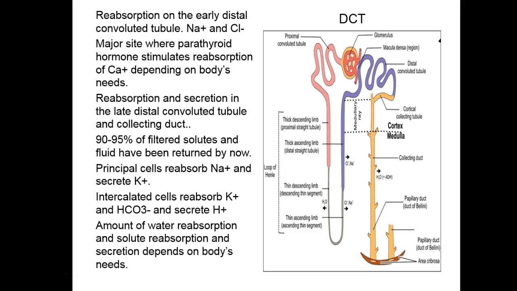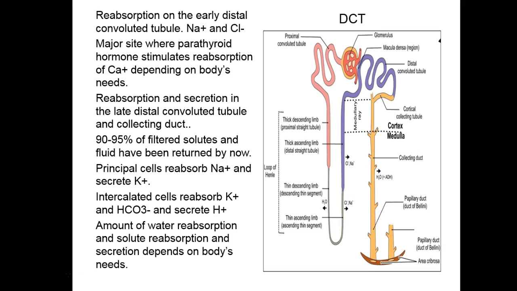A little bit more about the distal convoluted tubule. There is some reabsorption in the early distal, and that's going to be sodium and chloride. This does happen to be the major site where parathyroid hormone stimulates reabsorption of calcium, depending on blood calcium levels.